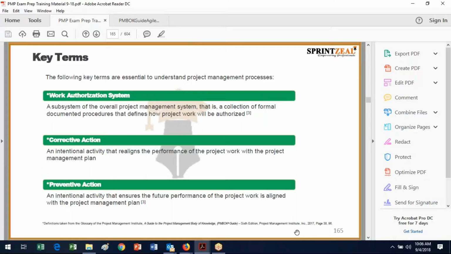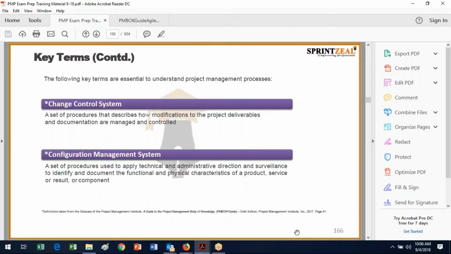Okay, some more key terms are the change control system, and this is a set of procedures that describe how modifications to the deliverables and documentation are managed and controlled, and the configuration management system. Now these are big in terms of comparing and contrasting, so make sure you understand the difference between these two terms.